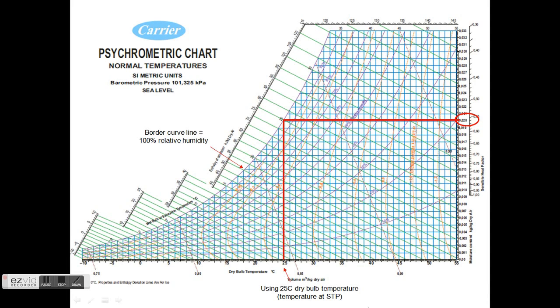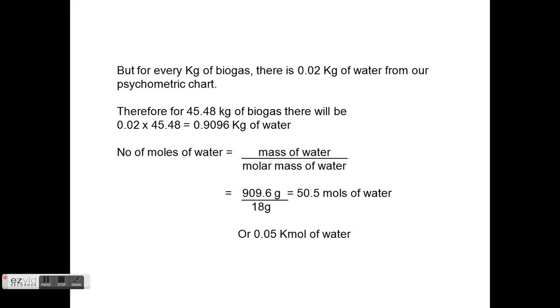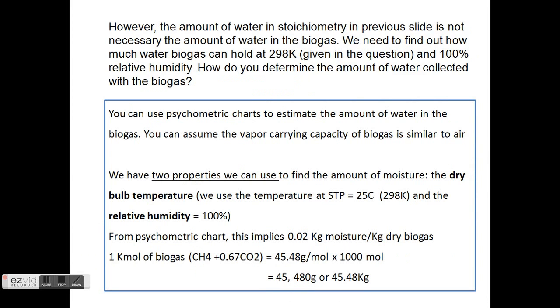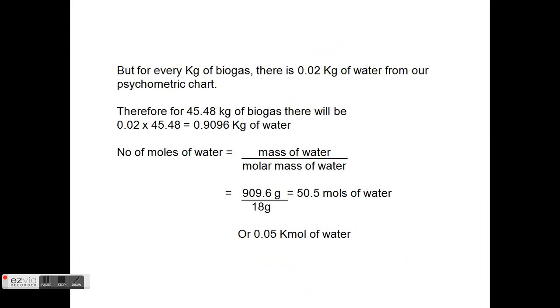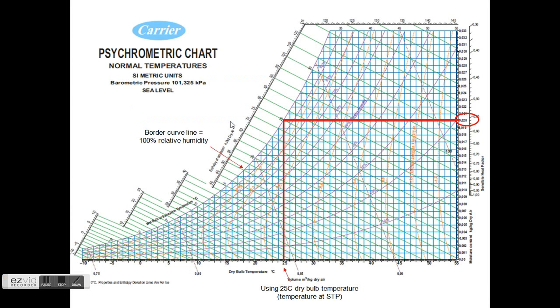And if the temperature is higher, we'll find the moisture in the biogas will be higher. Anyway, from this chart we find 0.2, which is 0.002, it's not very clear. Water in kg per kg of biogas is implied.